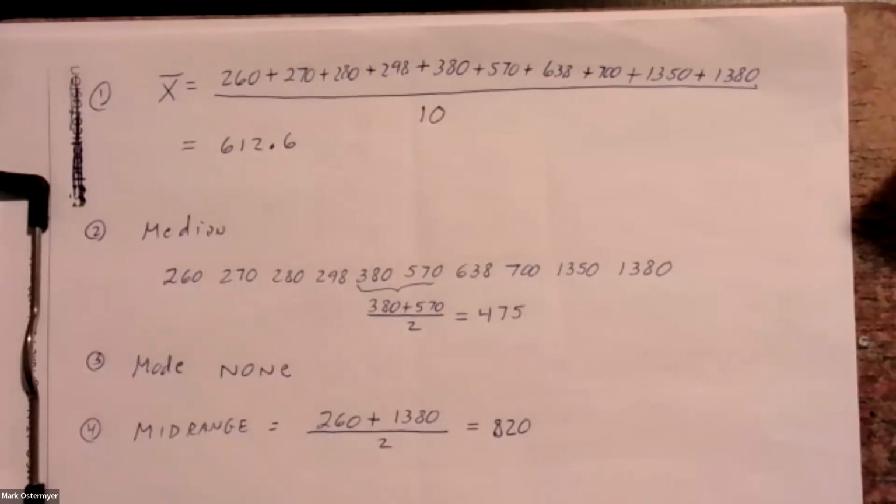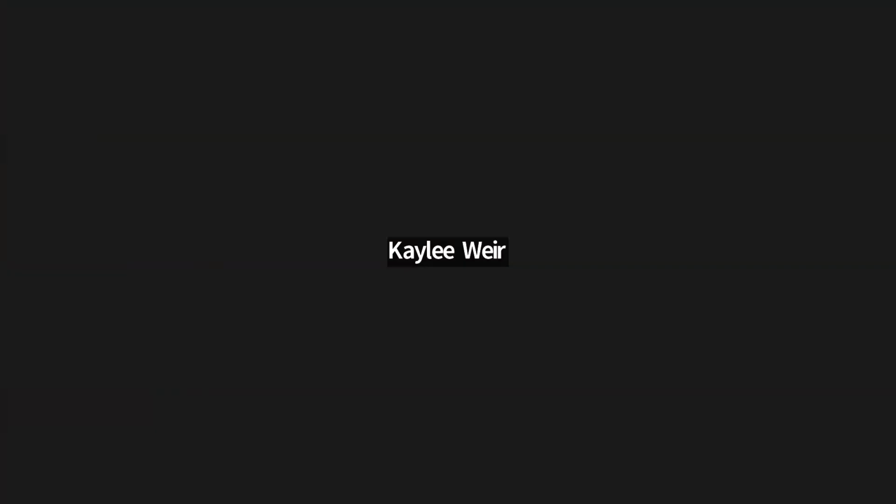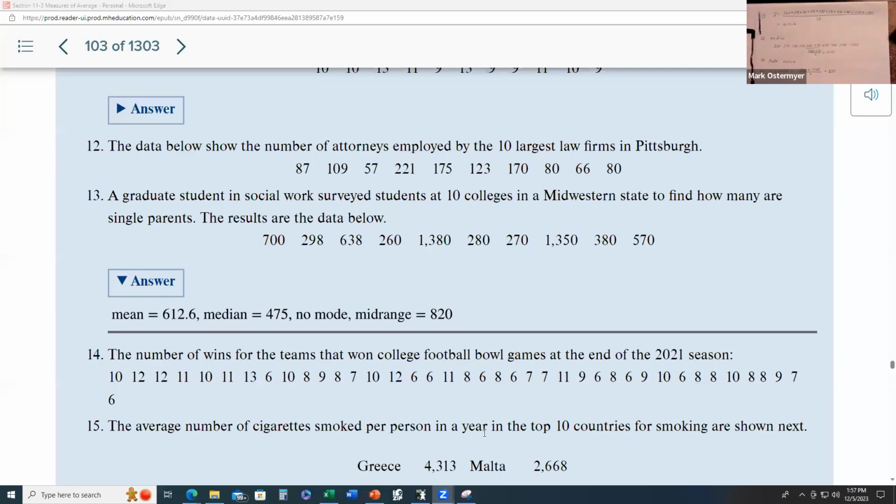I got 5,613. I got 5,503. No, 5,353. Let's see here. Something's wrong. Okay, they're saying that the mean is 612.6 for number 13. 612.6. So we add all these up.